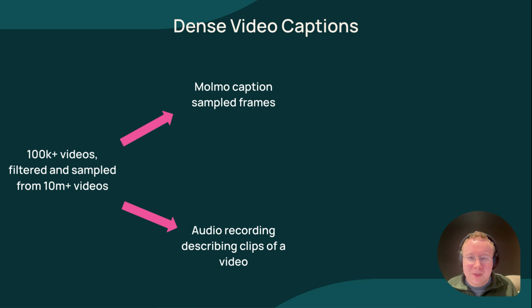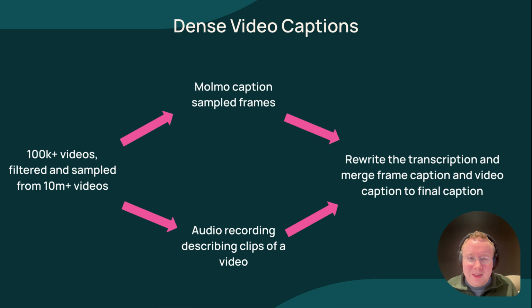Then we had Molmo caption frames, and then we combine these together to the full caption. And this tends to work well because the Molmo frame captions are very detailed about visual details, so about the background and what objects look like. And the human annotators we find tend to naturally focus on actions and events and what's happening. So you can combine those together to get really complete captions.